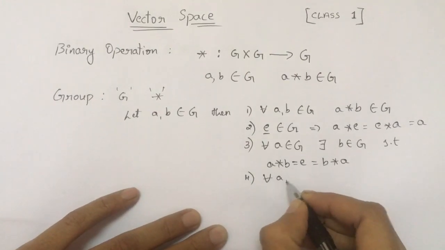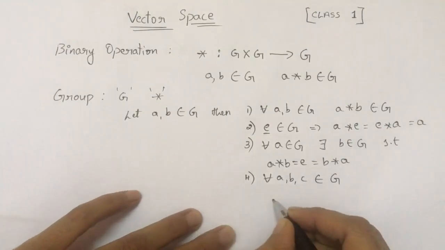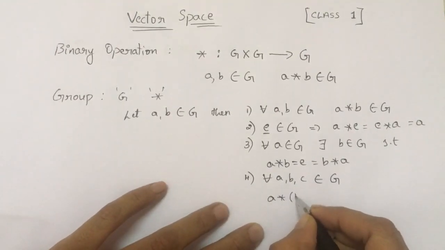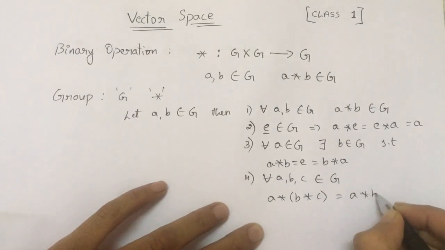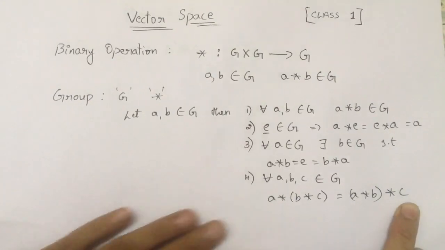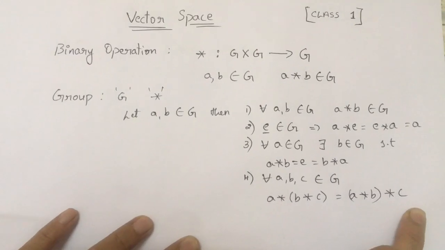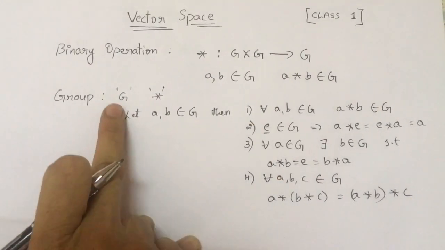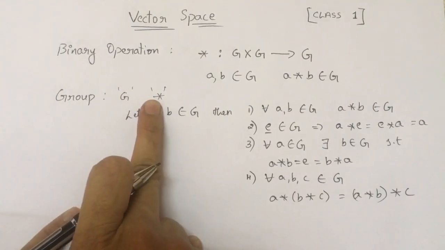For all A comma B comma C belongs to set G, (A star B) star C is the same as A star (B star C). This is the associative property. If all these properties are true, then we say set G is a group under the binary operation star.